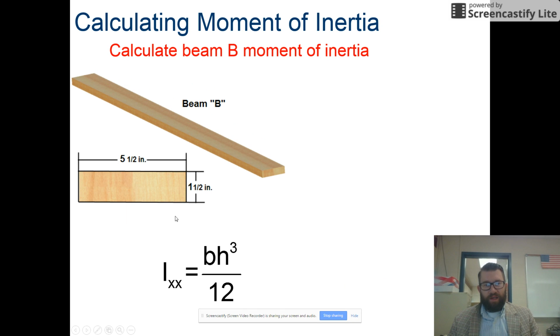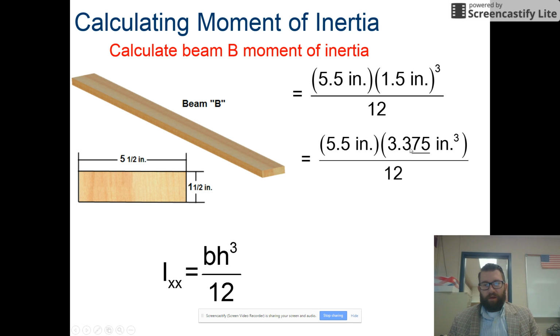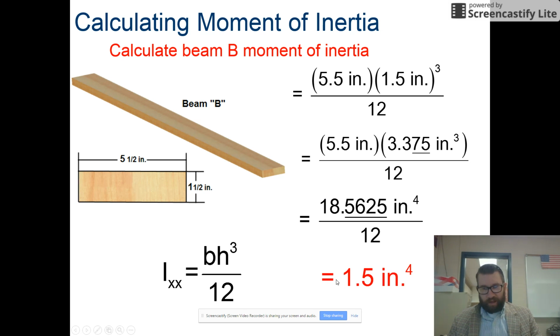Whereas beam B, now if I turn it on the side, only has a height of 1.5 inches, where the base becomes 5.5 inches. So if I cube 1.5, I only get 3.375 inches cubed, a lot less than I had with beam A. So I work the problem all the way through, and I get 1.5 inches to the fourth.